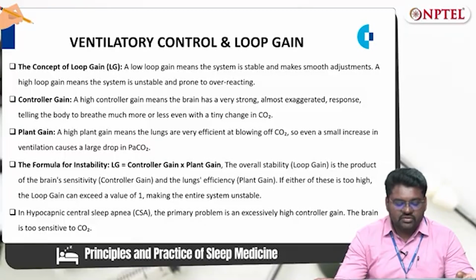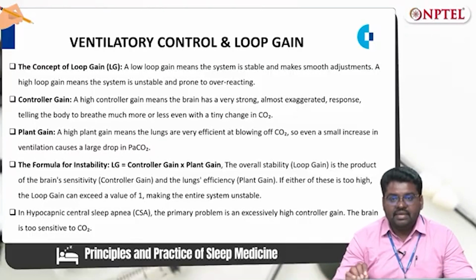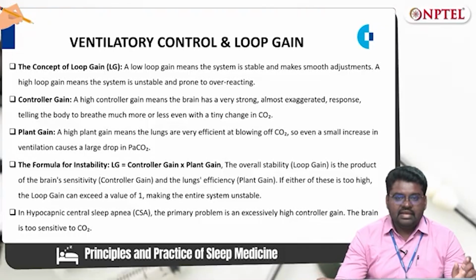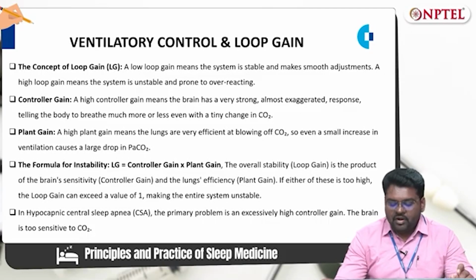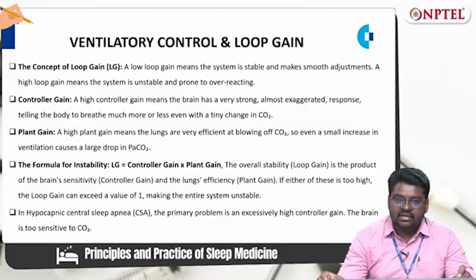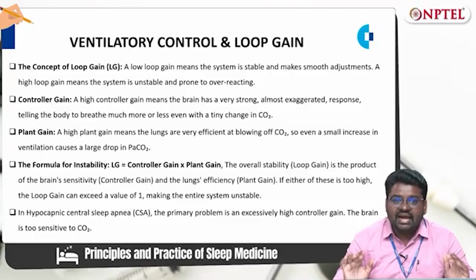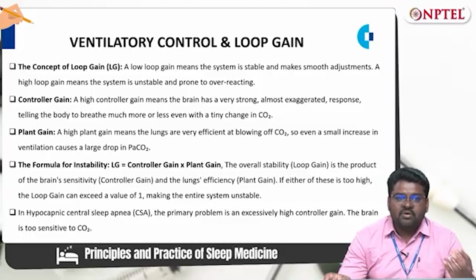If either of these two is high, the loop gain is high and can exceed a value of more than 1, making the entire system unstable. In hypocapnic central sleep apnea, the primary problem is an excessively high controller gain. So the brain is highly sensitive to small changes in carbon dioxide level.